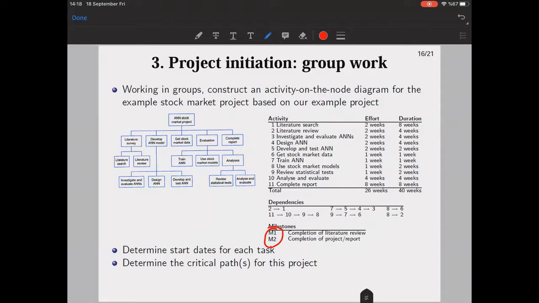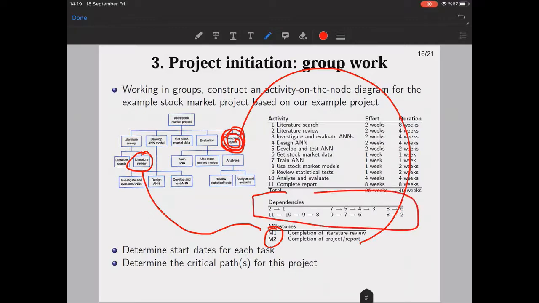This is your milestone 1 and this is your milestone 2. And these are the dependencies going backwards from this one. Determine the start dates for each task and determine the critical path for this project based on all these dependencies.